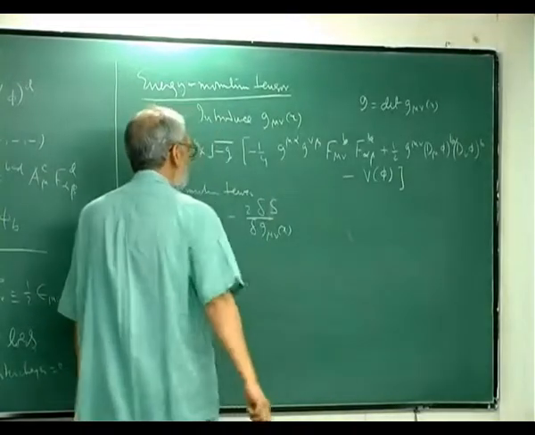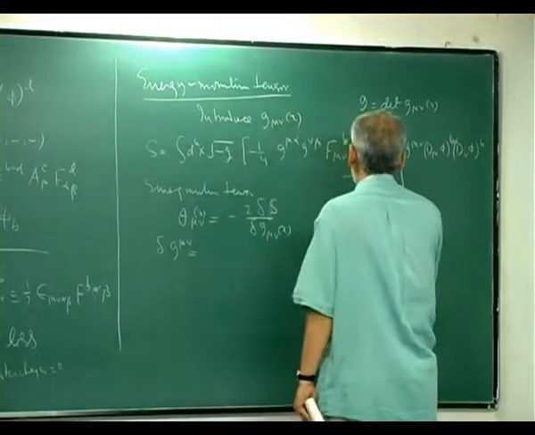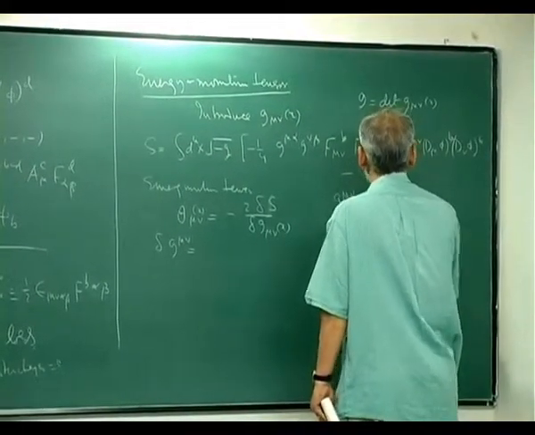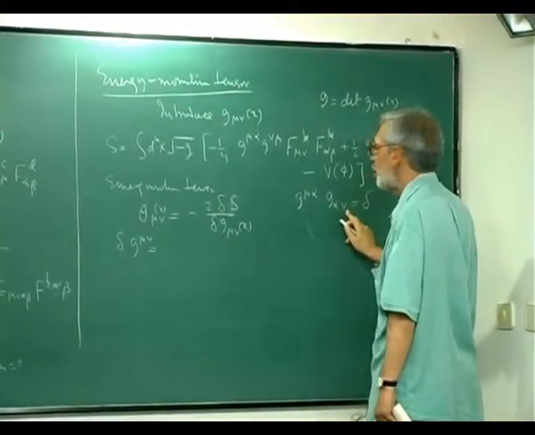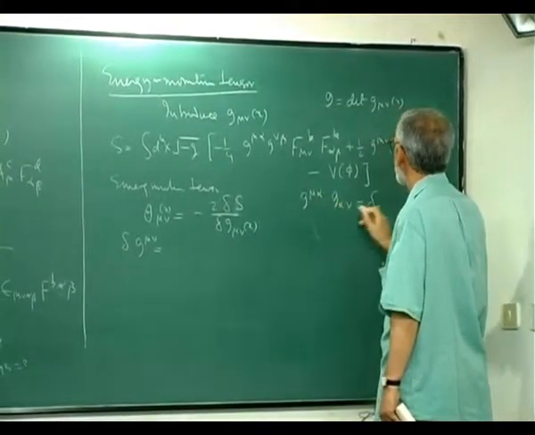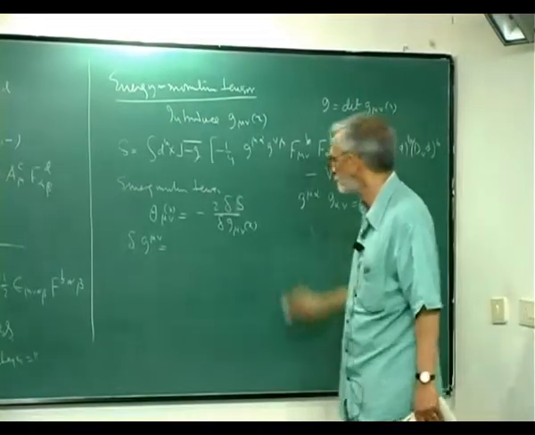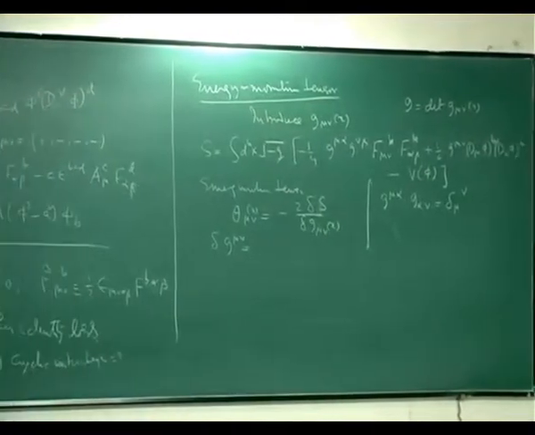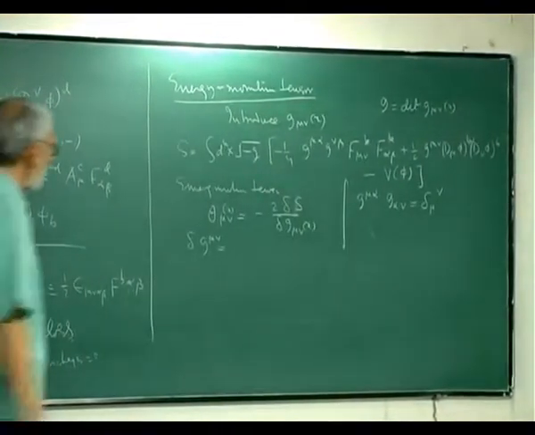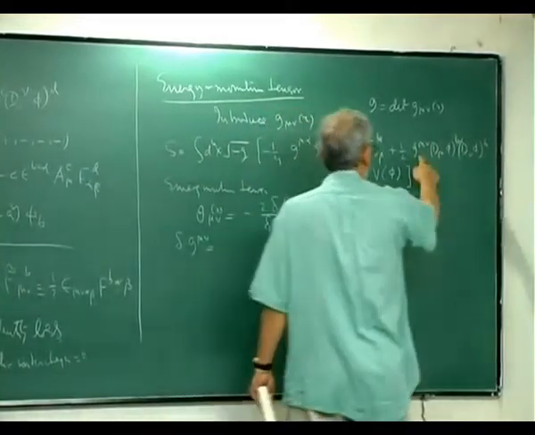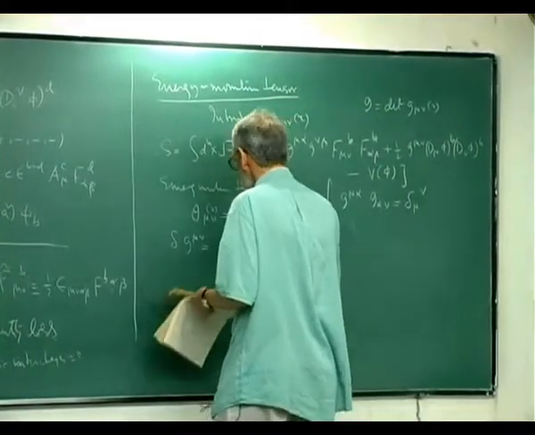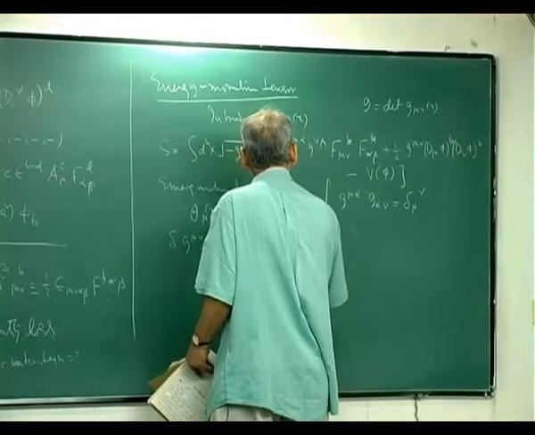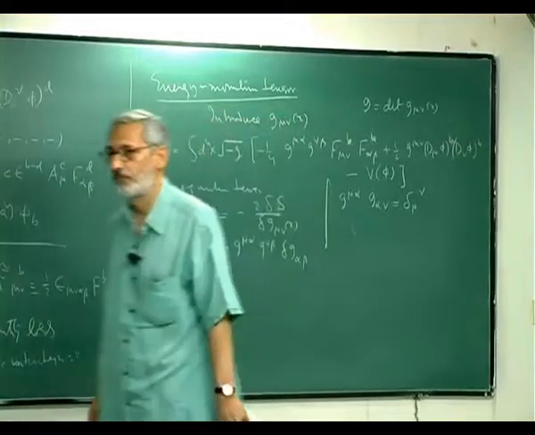Variation of G mu nu up: the G mu nu up here is the inverse of G mu nu down. So inverse means that this times this is the identity. So the variation of the inverse, which is sitting here, here, here, and here, is minus G mu alpha, G nu beta times variation of G alpha beta.